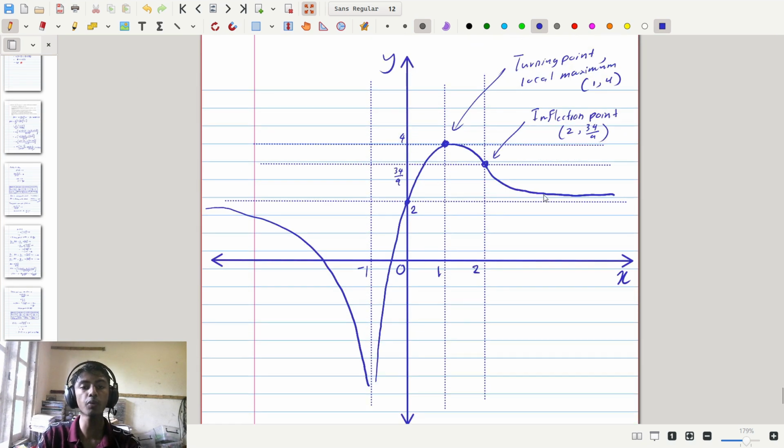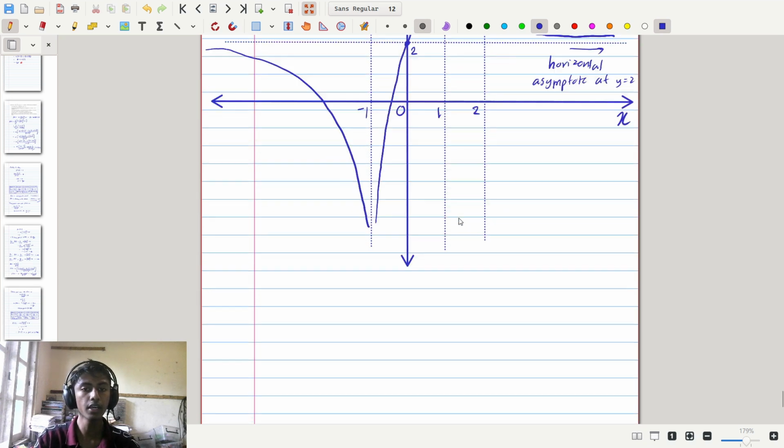Now here, in addition to what we've already marked, we need to also mark this horizontal asymptote here as horizontal asymptote at y = 2, and do the same on the other side, and right here, write horizontal asymptote at y = 2.